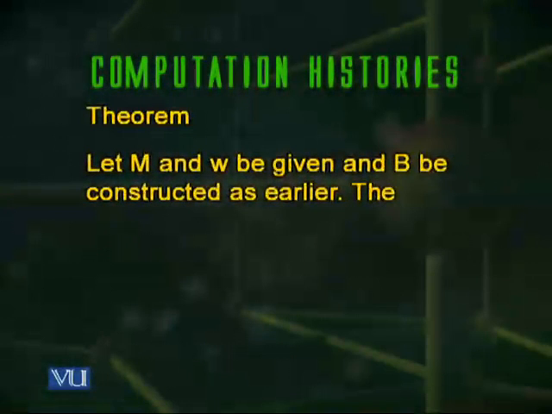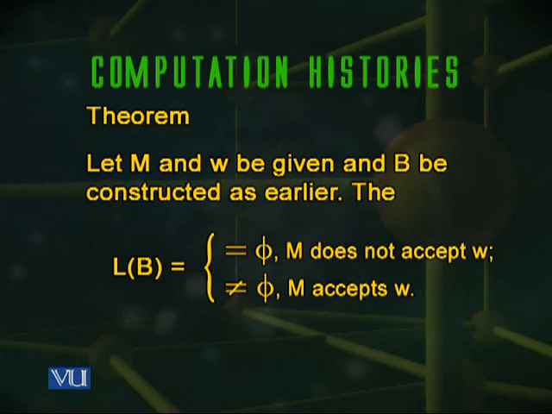What does this linear bounded automata do? Let M and W be given and B be constructed as we have specified. Then the language of B is going to be empty if M does not accept W, and it's not going to be empty if M accepts W. Why is that the case? Well, B is only accepting computation histories of M on W. So if M does not accept W, no one can ever write an accepting computation history of M on W. There aren't any, and therefore the language of B is empty.